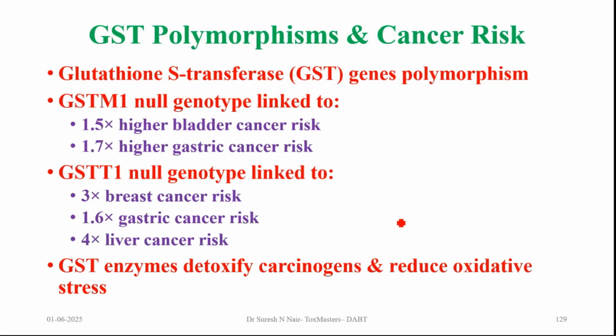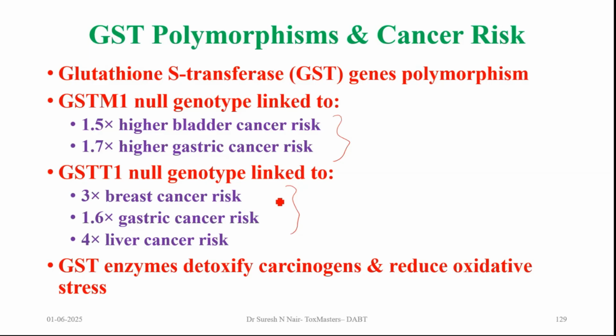Then glutathione transferase polymorphism and cancer risk. GSTM null is linked with a 1.5 times higher bladder cancer risk, 1.7 times gastric cancer risk, then 3 times for the GST-T1 null genotype.